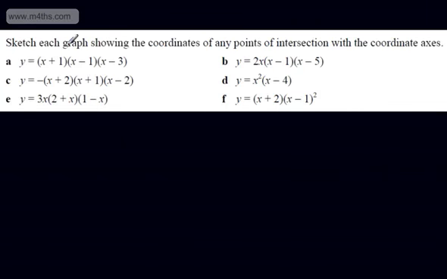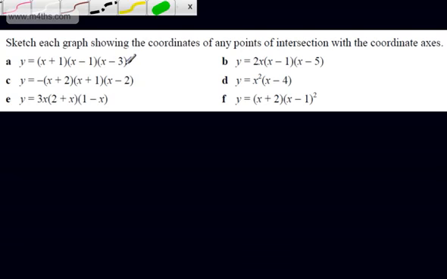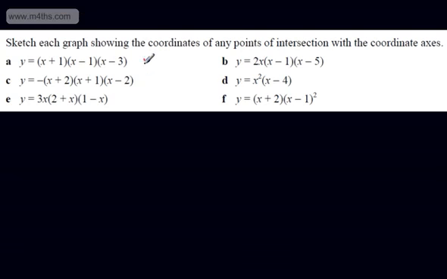Okay, we're asked to sketch each graph showing the coordinates of any points of intersection with the coordinate axes. If we look, all of these are going to be cubic graphs. So let's have a look and we'll go through them and then graph some of them. So this is going to be a positive cubic equation. We can see the roots or solutions, x will be equal to minus 1 or 3.